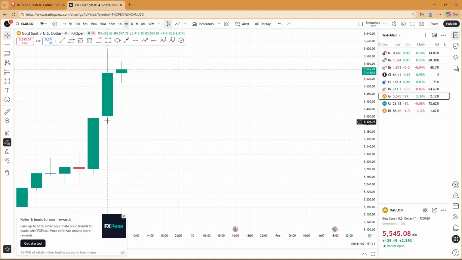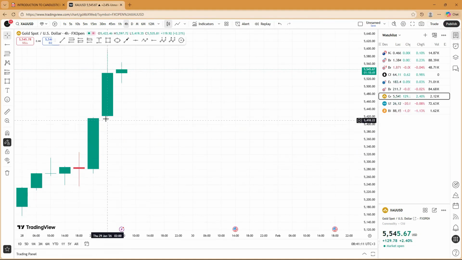When did this candle open? Let me just remove this. This candle opened exactly at 2. So this one closed at 22:00 and this opened at 2 a.m. So 22:00, that is 10 p.m., 11, 12, 13, 14. Those are 4 hours before this one opened.